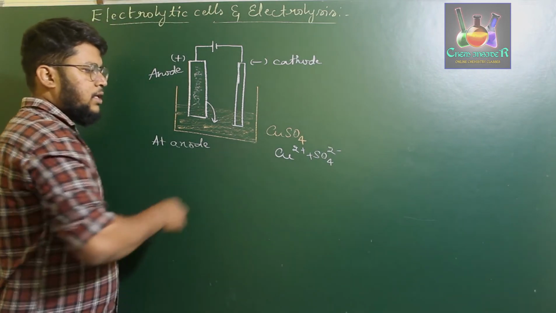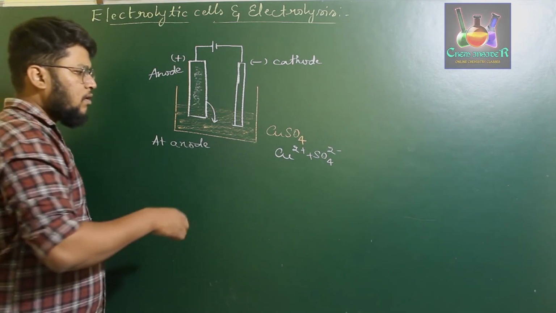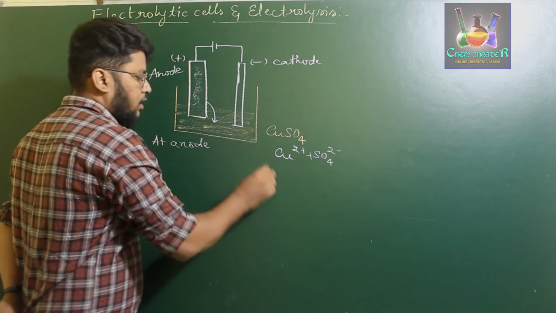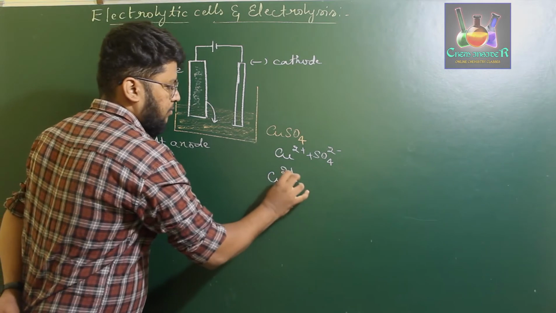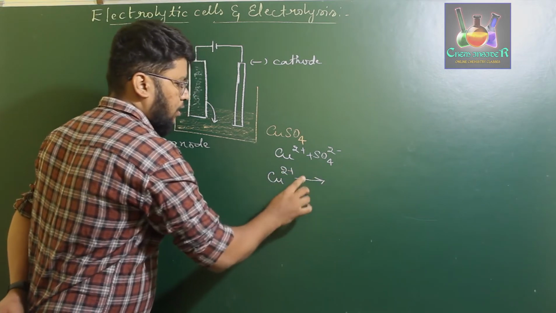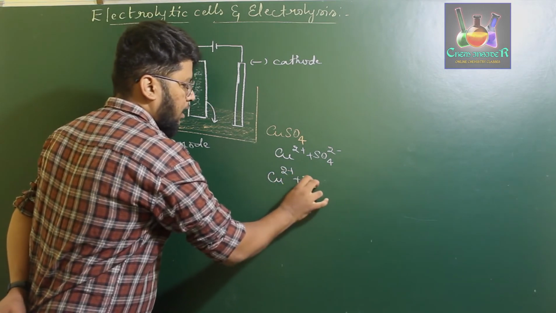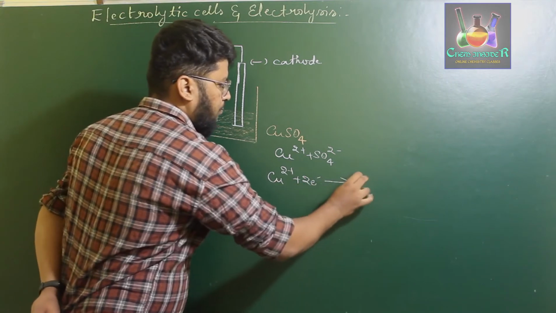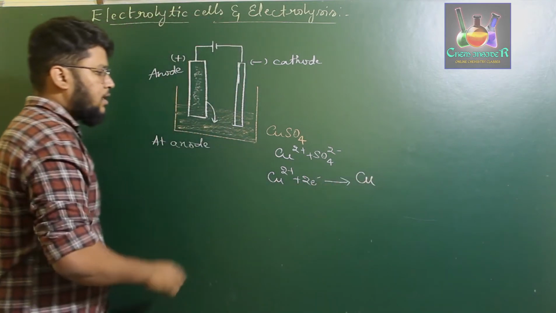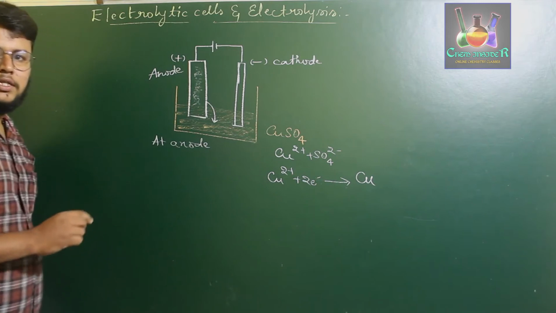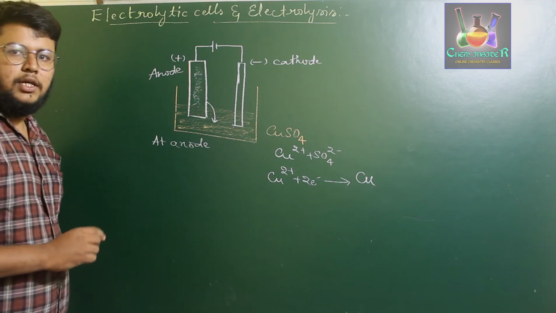The Cu2+ cations gain electrons to form Cu. That means the Cu2+ which was present in the solution will be gaining electrons.